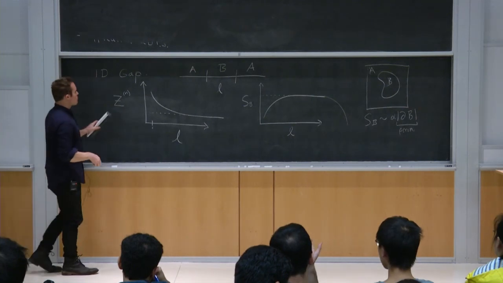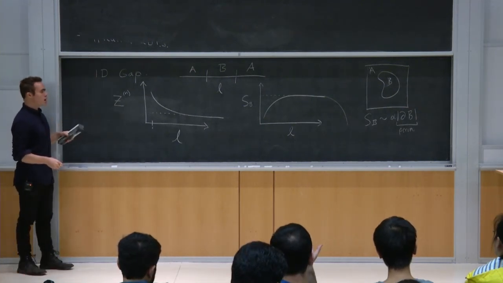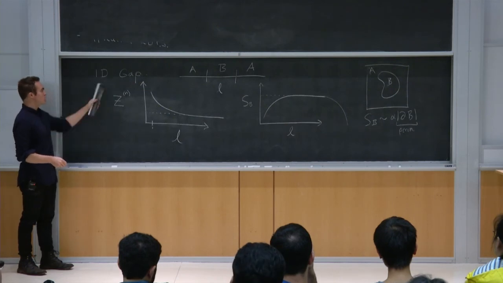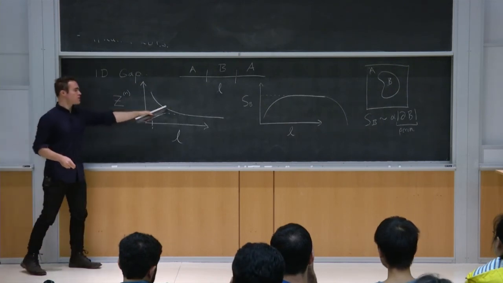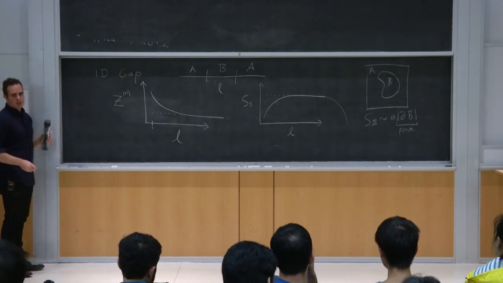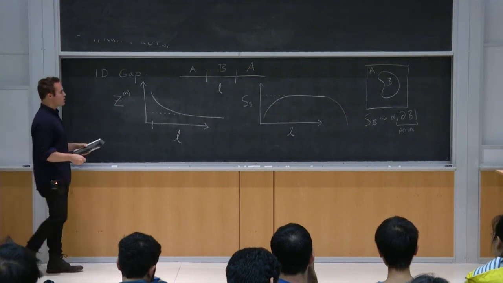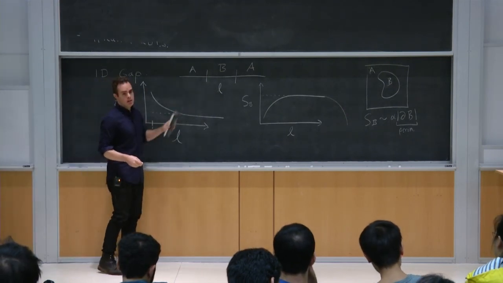Okay, so in 1D, this is actually proven by Hastings and others, the existence of this saturation in the area law. But it's interesting to ask, what if the gap is 0? So meaning it's, say, a conformal field theory. How does the entropy then depend on L here?